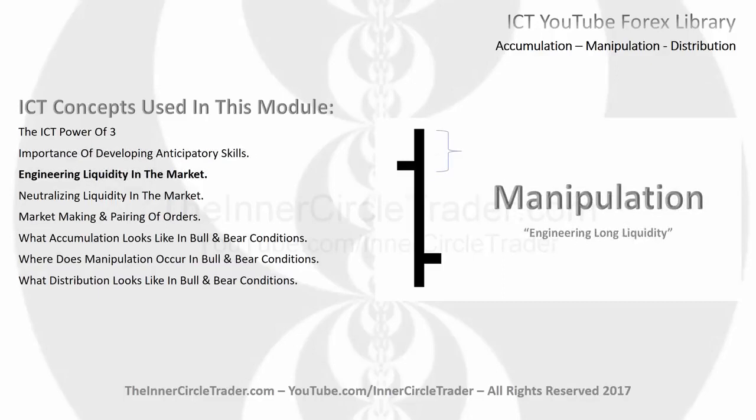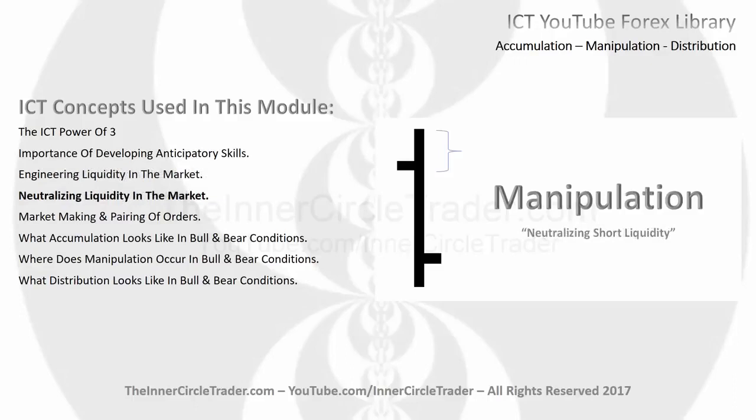At the opening price, or just above the opening price when we're bearish, we would be anticipating manipulation. And what form of manipulation would we expect to see? Engineering long liquidity. In other words, we're looking for a quick sudden movement higher to entice breakout artists that want to buy, want to break out, and they would be placed on the wrong side of the marketplace.